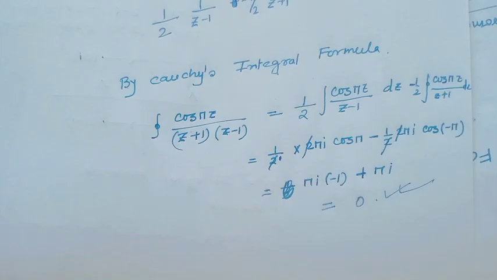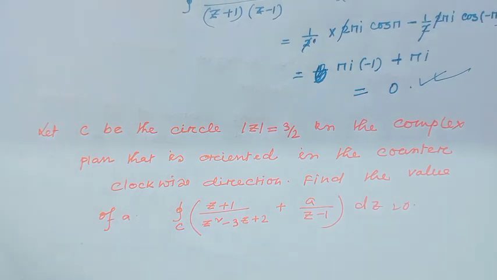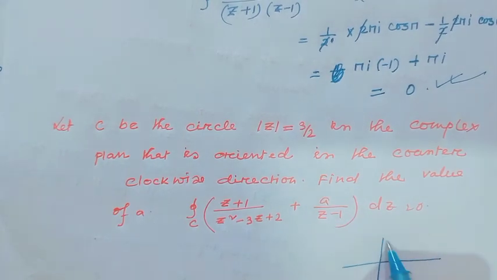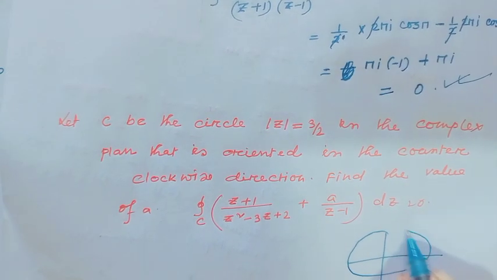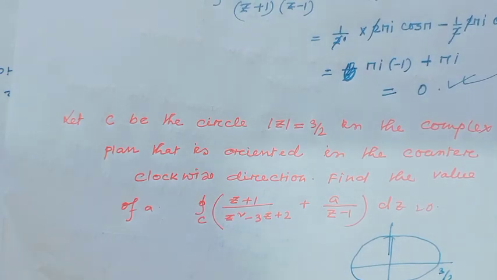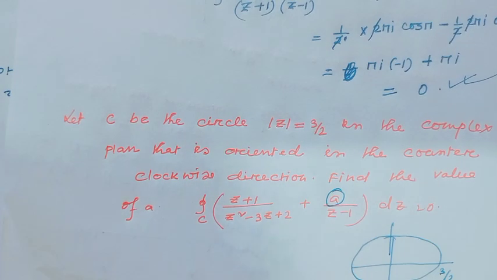Okay? Well. Next question, let C be the circle mod z equal to 3 by 2 in the complex plane that is oriented in the counterclockwise direction. That means here the circle is mod z equal to 3 by 2, and here find the value of a for which the integration is 0.